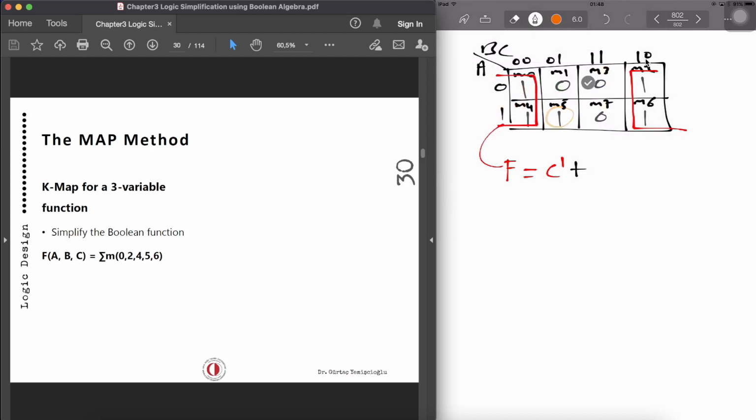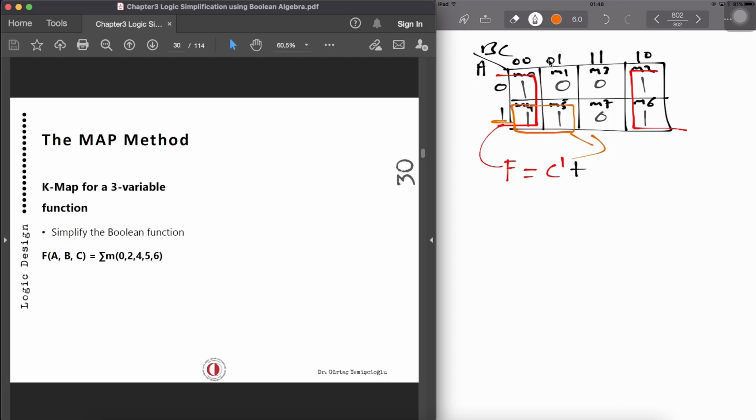Again, I can go for that, but that's going to give me a larger expression with more literals in there. So it's like A, B prime, C, if I do that. But rather than doing that, I can go for a combination of M4 and M5, and this will give me A is valid, it's not changing.